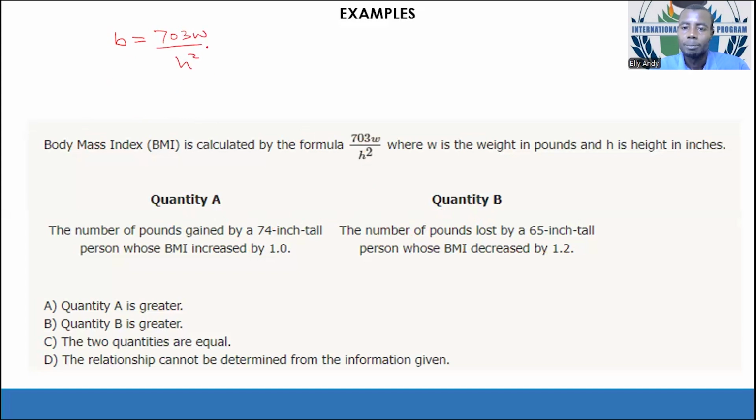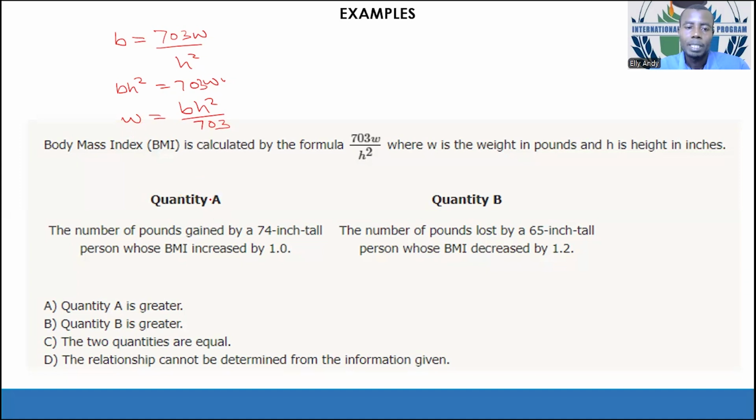Then we can say that B H squared is 703 W, and that means W will be B H squared over 703, where W is the weight.